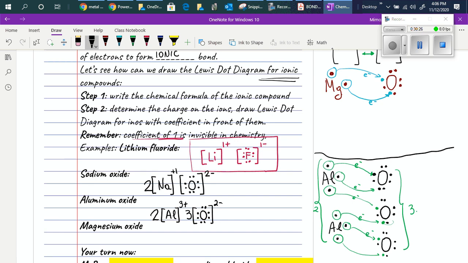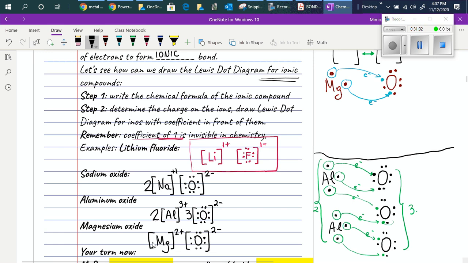So the Lewis dot diagram for this particular ionic compound, since we have one of each, will be magnesium, whose valence electrons have not disappeared, but are going to oxygen, and then oxygen that now has a valence shell completed with a charge of -2.